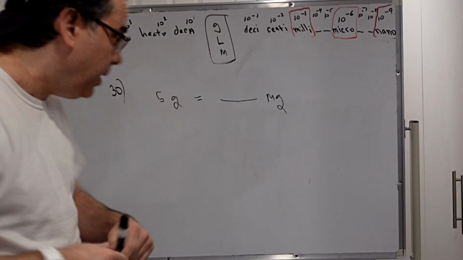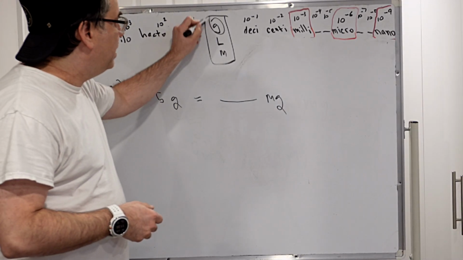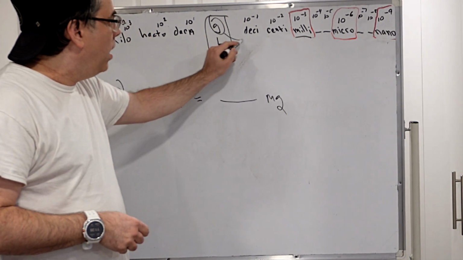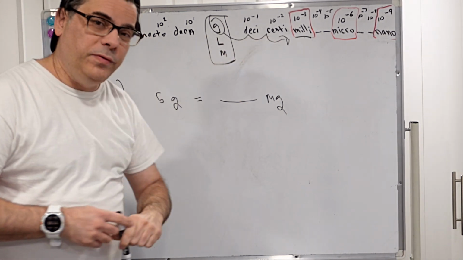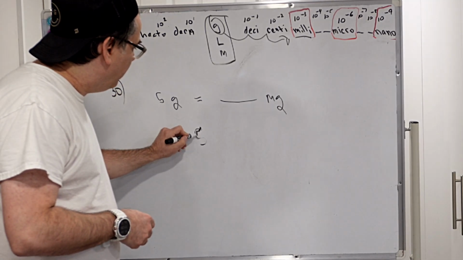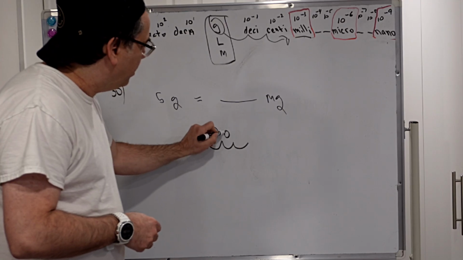Okay, question number 30. 5 grams is equal to how many milligrams? Again, gram is the base unit. Just remember this chart. Milli is over here, so we go 1, 2, 3. We move the decimal point 3 spaces to the right. So we have a 5 over here, and we go 1, 2, 3.